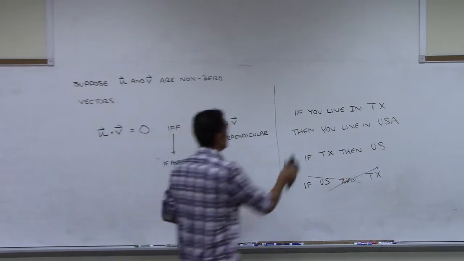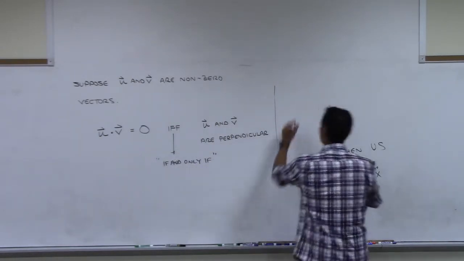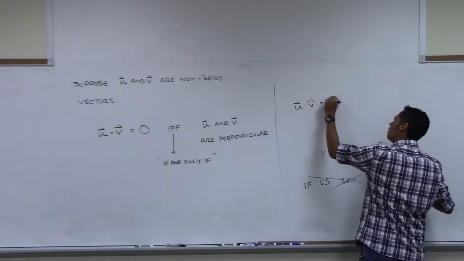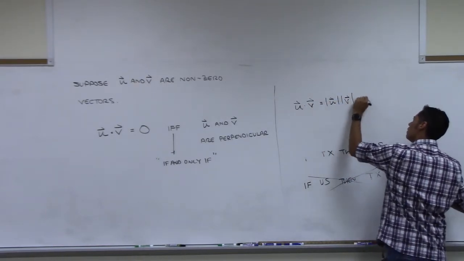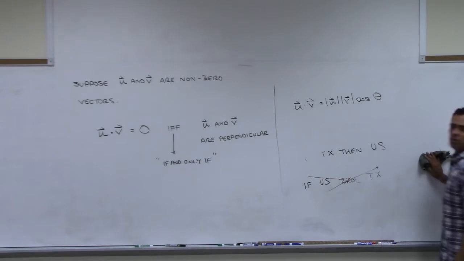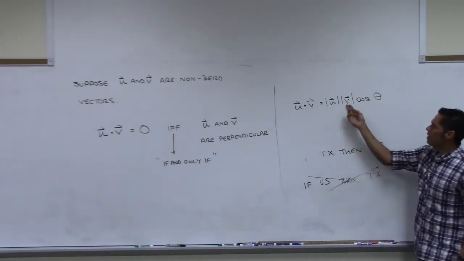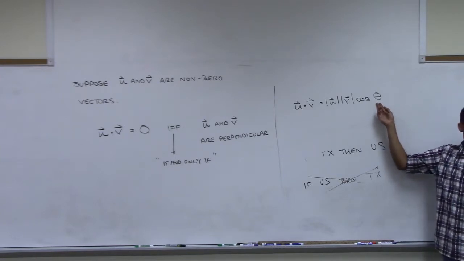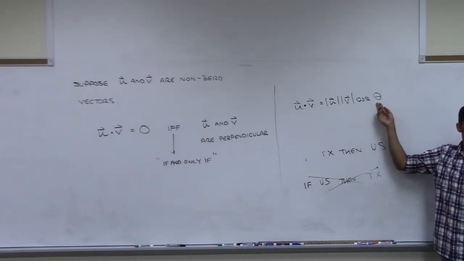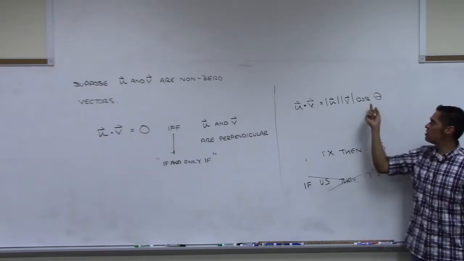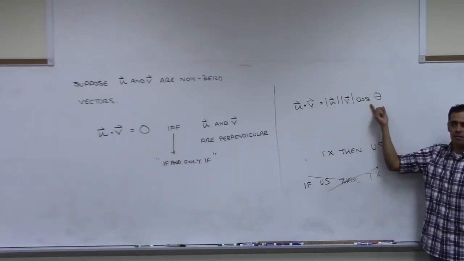Now, why does this formula work? Why is that actually true? Well, look at this. It's actually very simple. Isn't that the formula? The dot product is the length of U, length of V, cosine theta. What if theta is pi over 2? Pi over 2 is 90 degrees, right? Cosine of pi over 2 is 0, right?